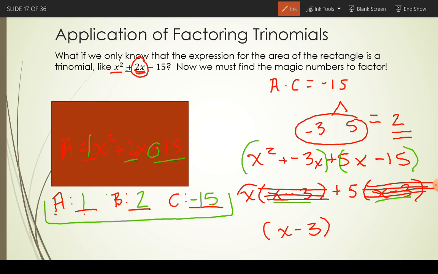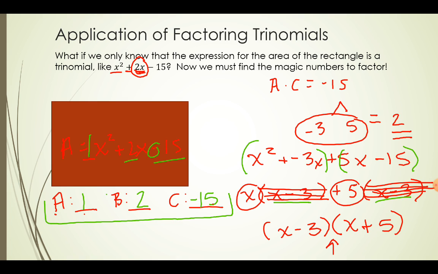Okay, so I have x and then a positive 5. Okay, and x minus 3 and x plus 5 are my final factors. Remember, in my final answer, there is nothing in between those parentheses. Okay, nothing at all. Just 2 sets of parentheses right next to each other, and those are called my factors.